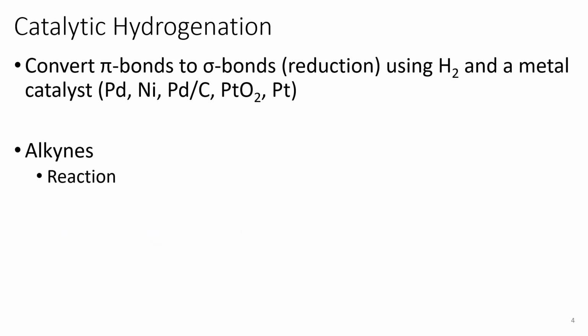Now let's look at our alkynes, where we will have two pi bonds between our two carbon atoms. We will see a very similar process because we still have those p orbitals and our pi bonds. With our alkynes, we will need to use an excess of our hydrogen gas, since we are dealing with two pi bonds.